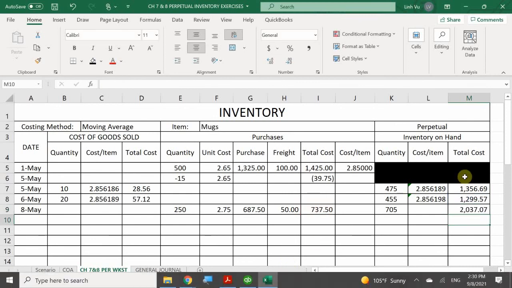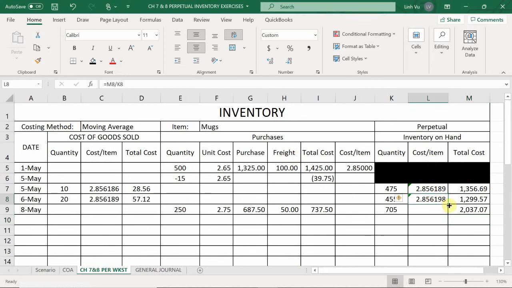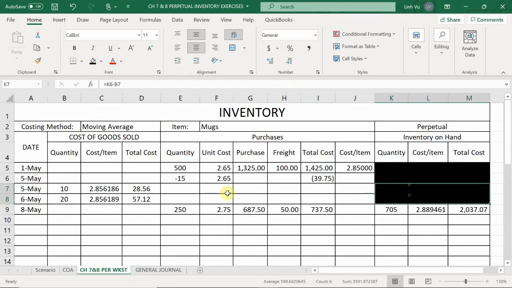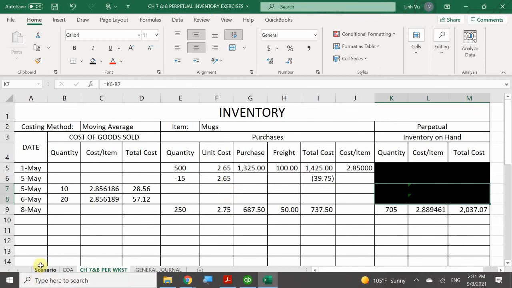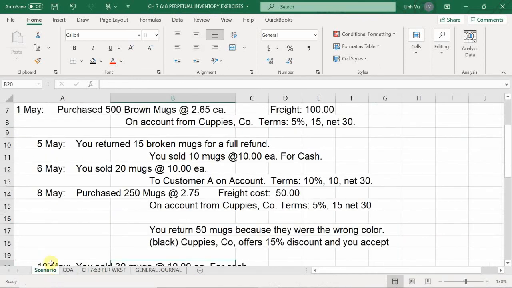And bringing my new cost per item to 2.88946. Good. Oh, I forgot to clear out all this. So let's clear them all out. All right, let's see what else happened next.